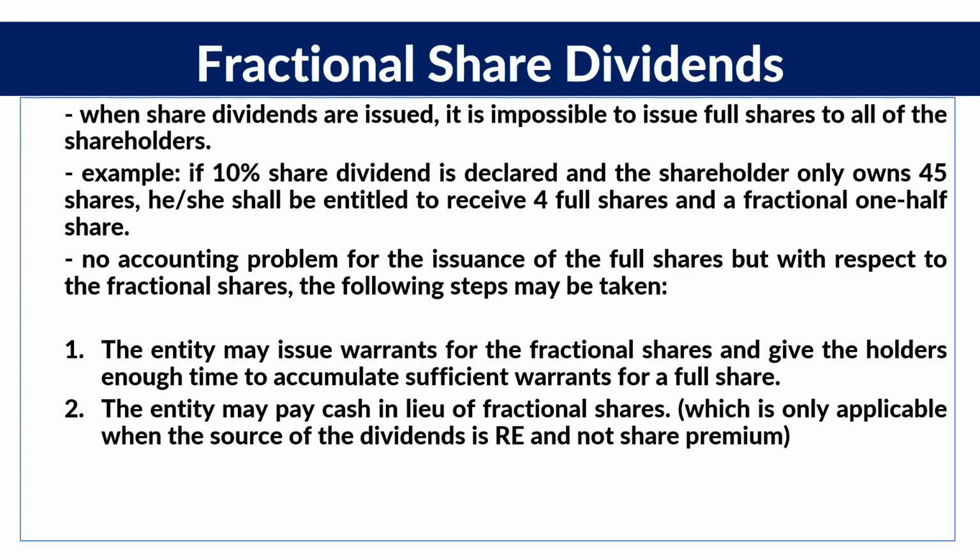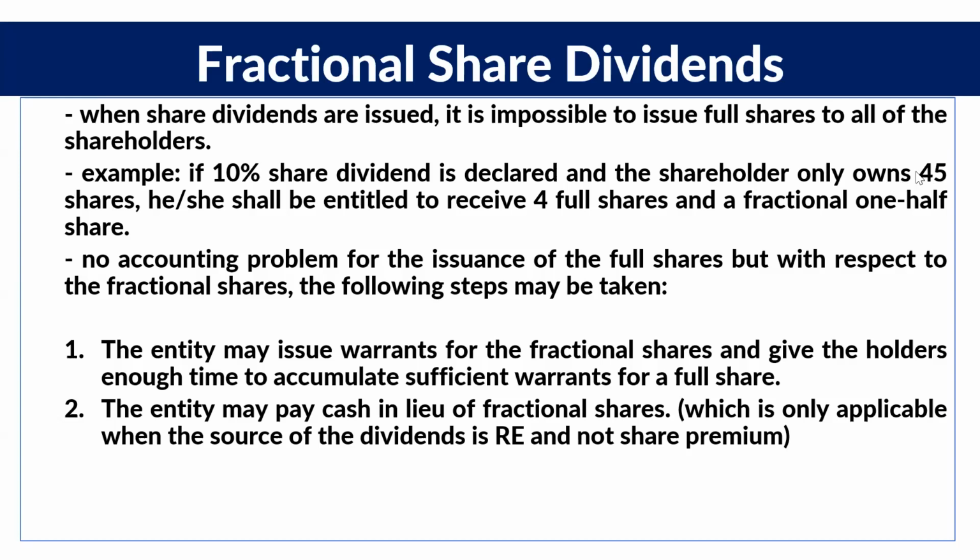Now, what if there are so-called fractional share dividends? Class, it's impossible that when share dividends are issued, full shares can be issued to all of the shareholders. For example, the declared dividend is 10%, and the shareholder only owns 45 shares.